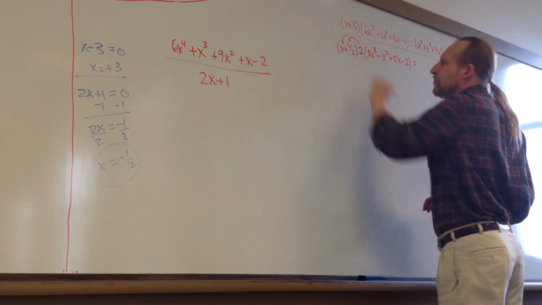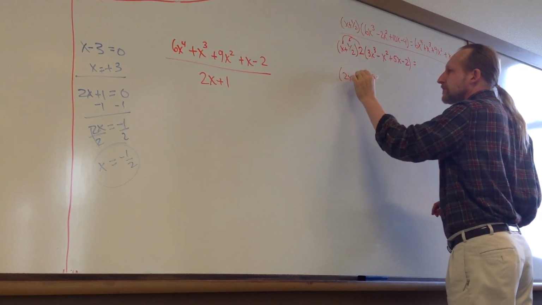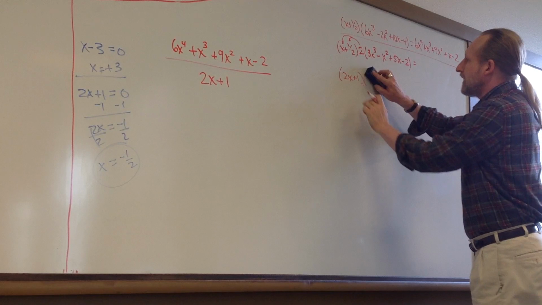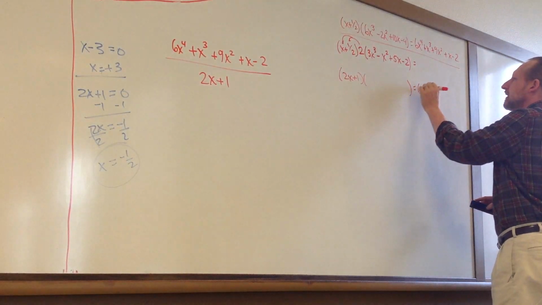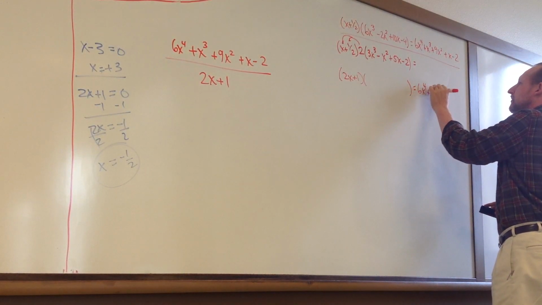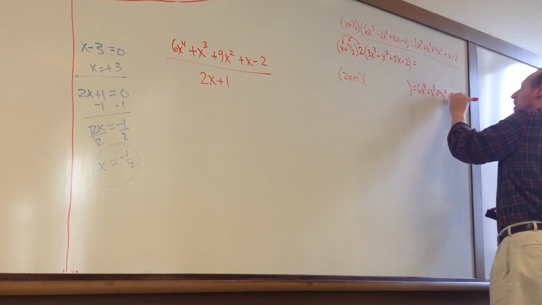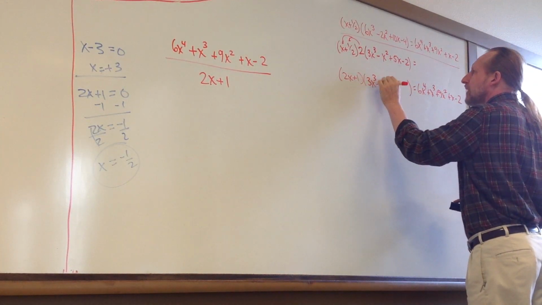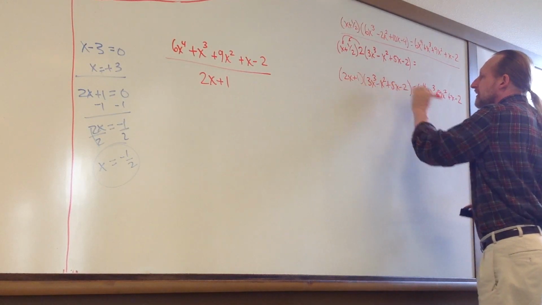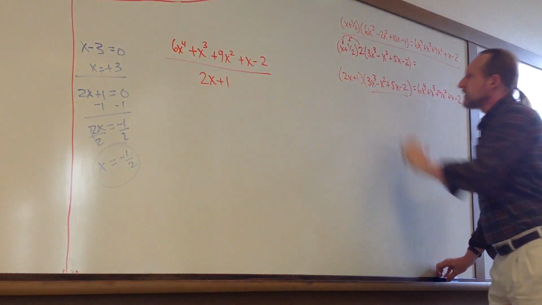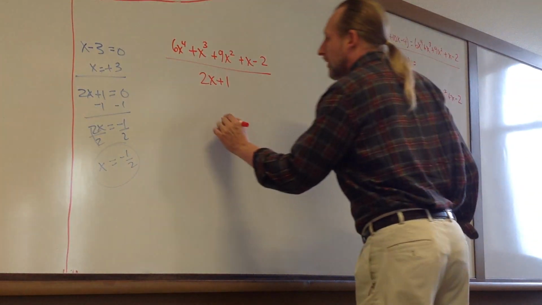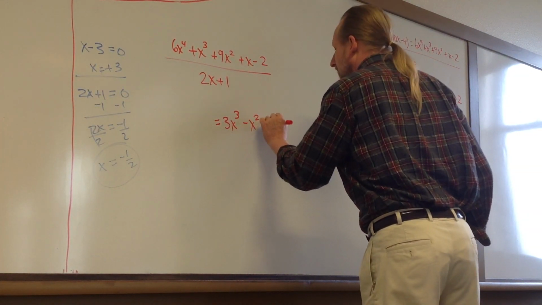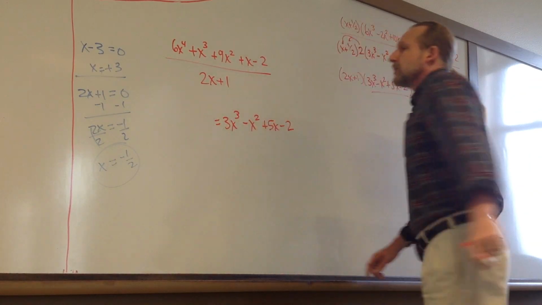Now, multiply that 2 back in there. And as it turns out, what do you have to multiply 2x plus 1 by to get what we were dividing into in the first place? This thing, 3x cubed minus 1x squared plus 5x minus 2. So this is our answer right here, okay? So 3x cubed minus 1x squared plus 5x minus 2.